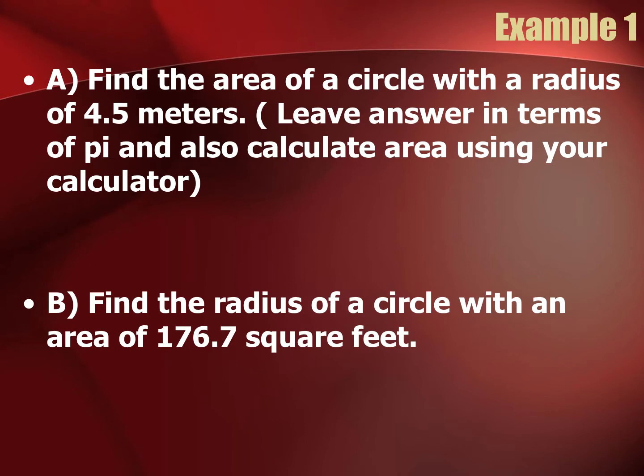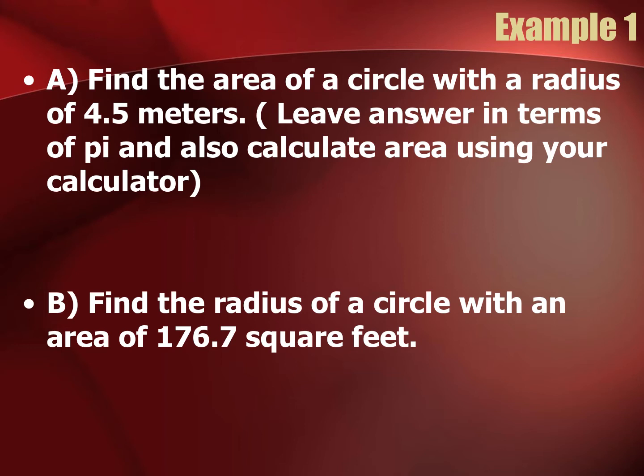Okay, so for the first one, it says to find the area of the circle with a radius of 4.5 meters, and it wants us to leave our answer 2 ways. It wants us to leave our answer in terms of pi and also calculate the area using your calculator. And I'm going to round to the hundredths place. So if it doesn't specify, whenever they give you questions, then round it to the hundredths place, unless they tell you a specific place.